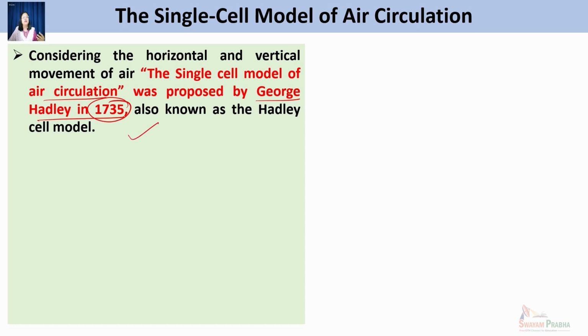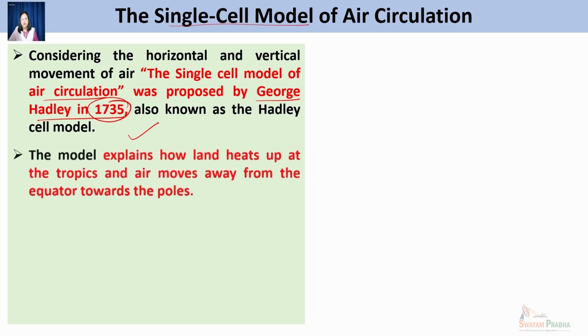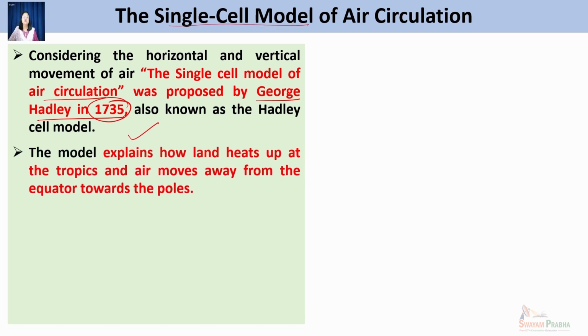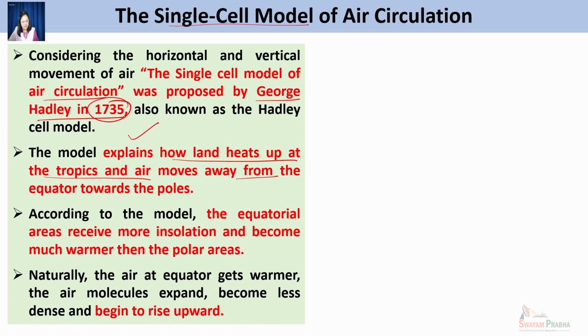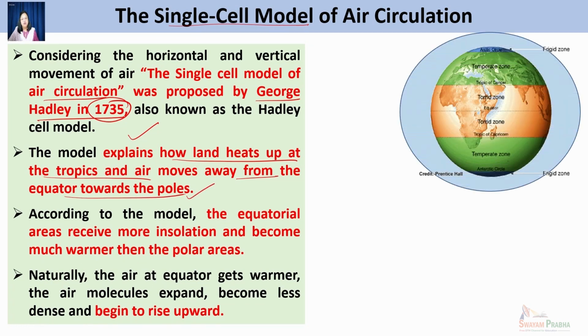And this initial model was primarily a single cell model which describes the circulation of air from the lower latitudes to the higher latitudes in form of horizontal component of air as well as the vertical component of air. So the model explains how the land heats up at the tropics and air moves away from the equator towards the polar areas.